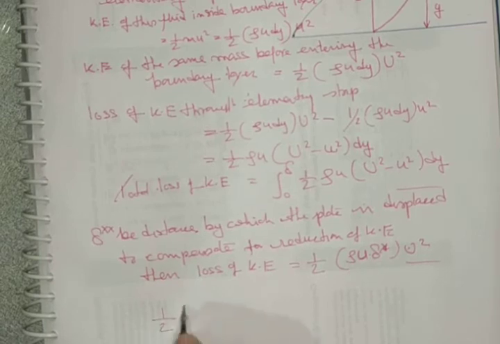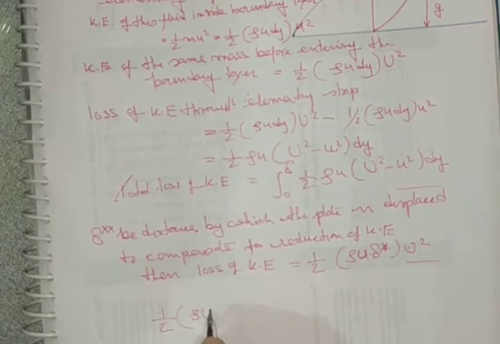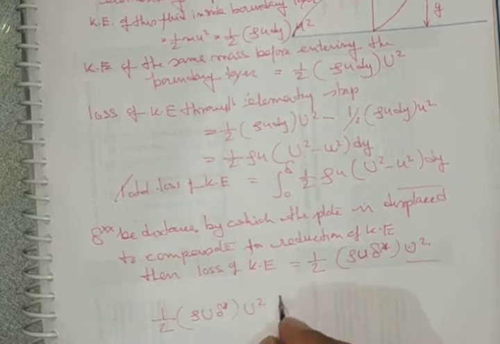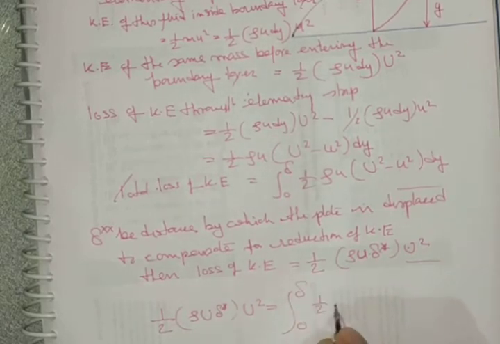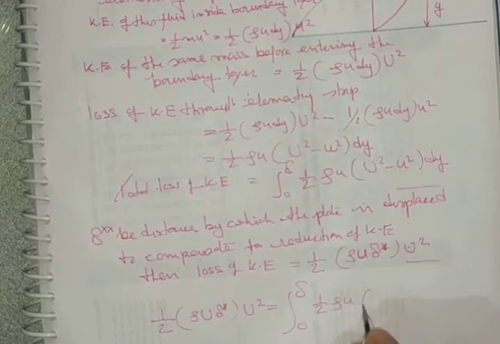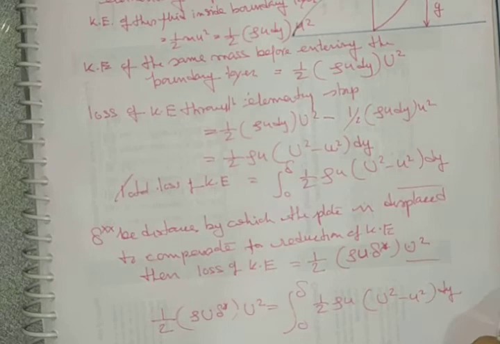So half of rho delta star capital U cube is equal to integration 0 to delta half of rho small u capital U square minus small u square del y.